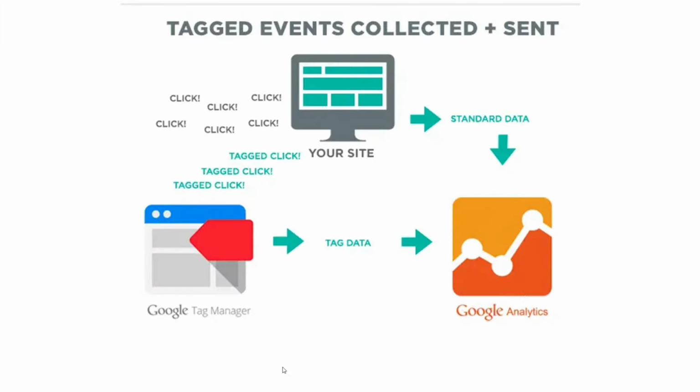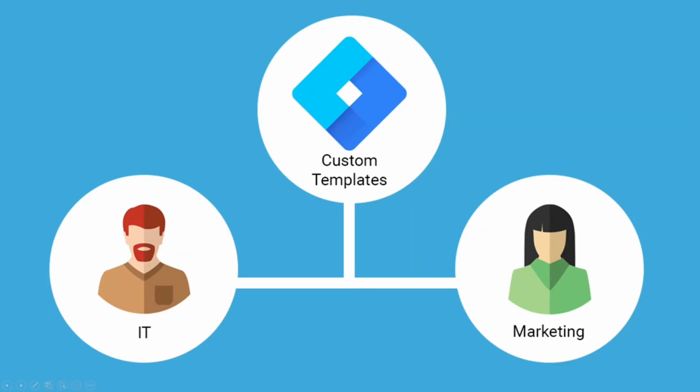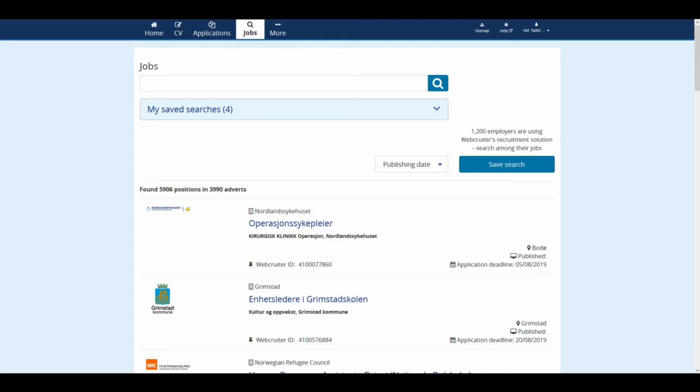So this is the way it is now: using Tag Manager, when you click anything or do anything, it is a tagged click in Tag Manager, and the tag data is sent to Google Analytics, and Google Analytics is able to generate a custom report or tagged report from those resources. So, enough theory. I think we can move to the implementation part.